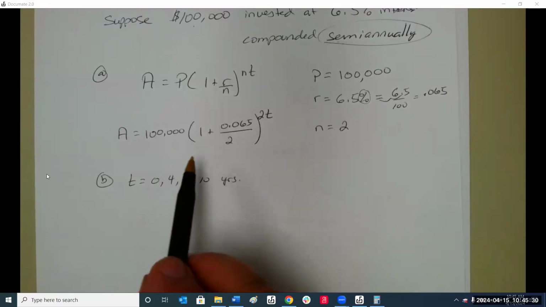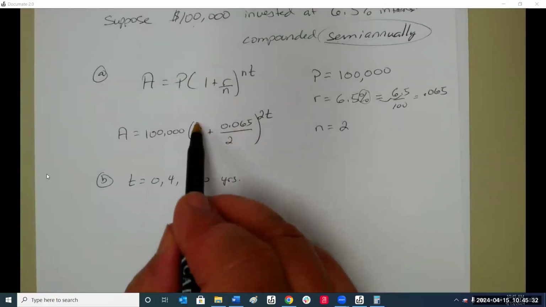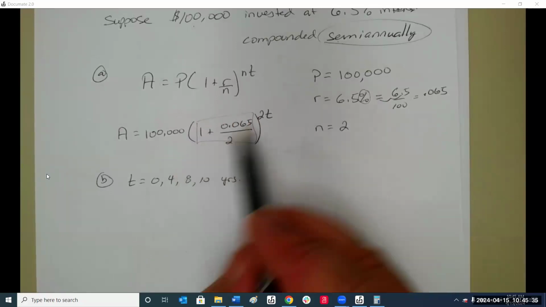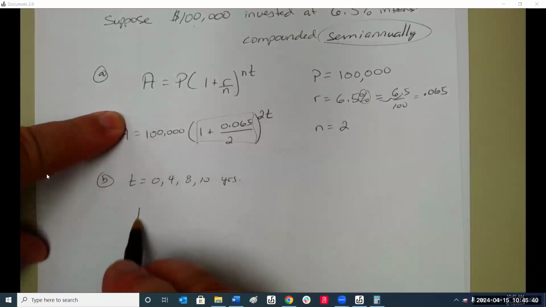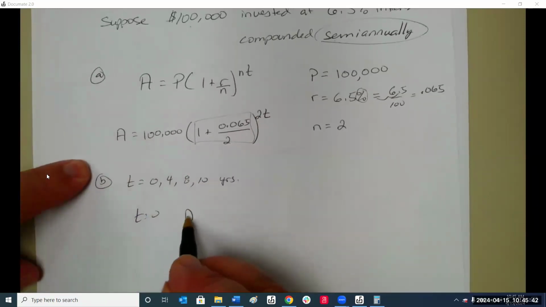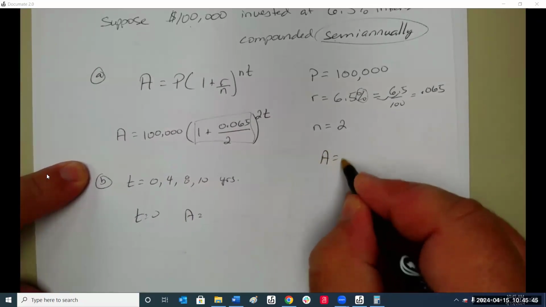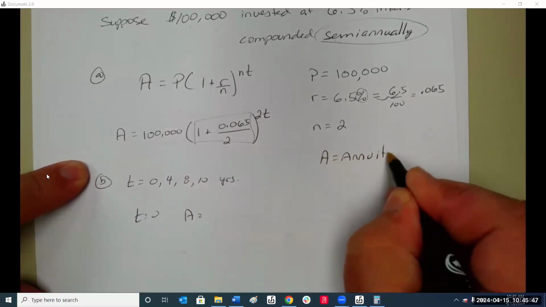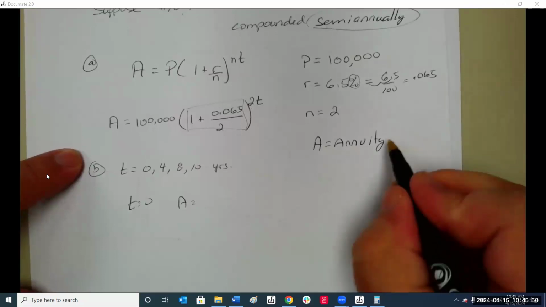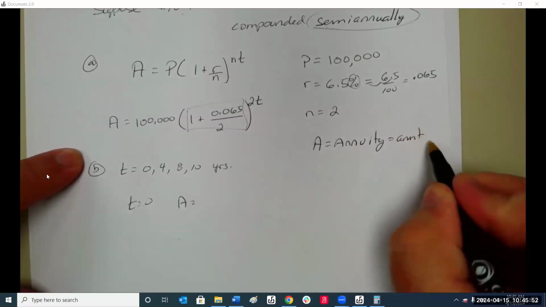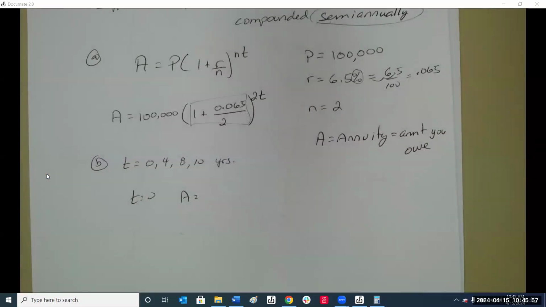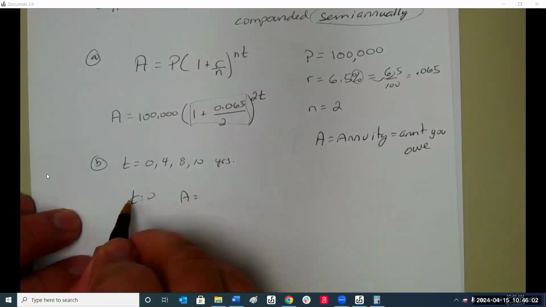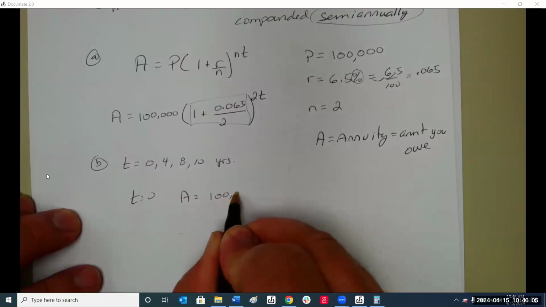So all you would do is find this value in here and raise it to the power. For the first one, at t equals 0, A is called the annuity. That's the amount that you owe, or in this case, since it's an investment, the amount that you get paid.